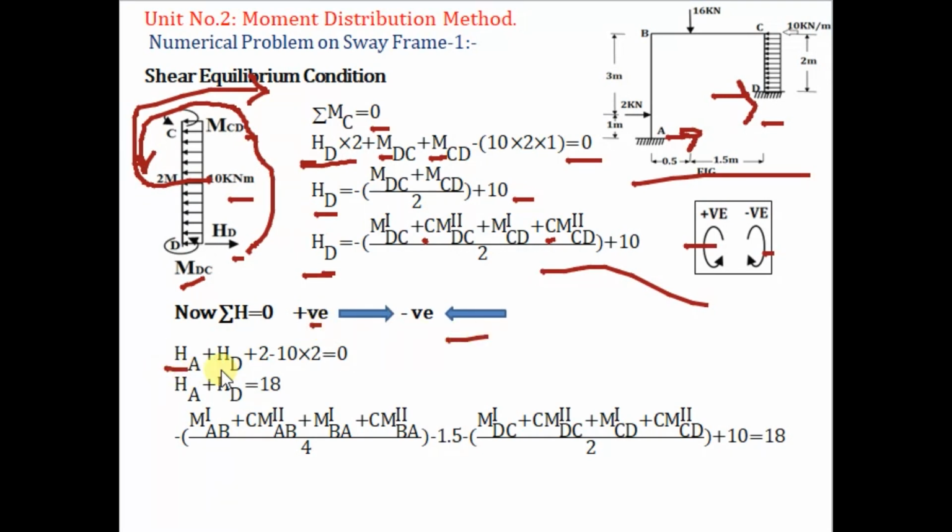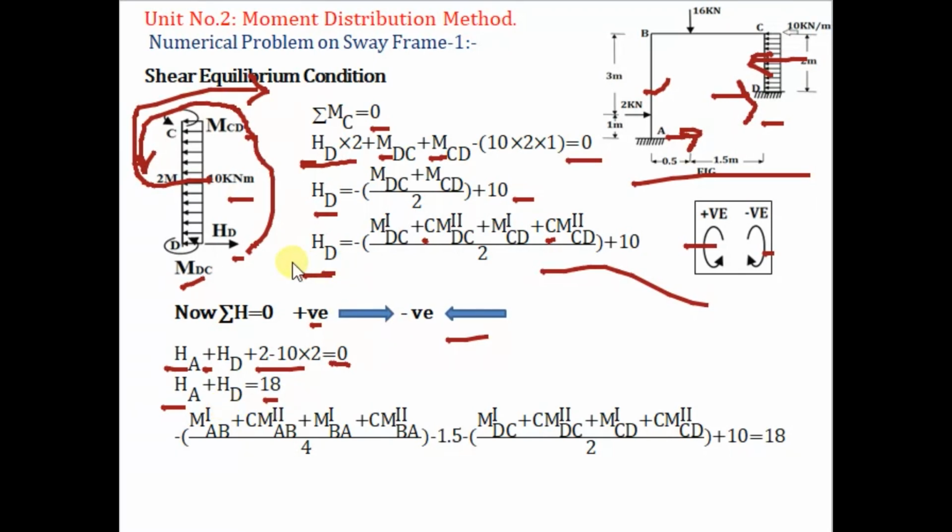So HA plus HD, horizontal toward the right hand side positive, toward the left negative. And there is a 2 kilonewton point load acting toward the right hand side, so plus 2, and this UDL is acting toward the left hand side, so minus 10 into 2 is equal to 0. So finally we have the equation HA plus HD is equal to 18.